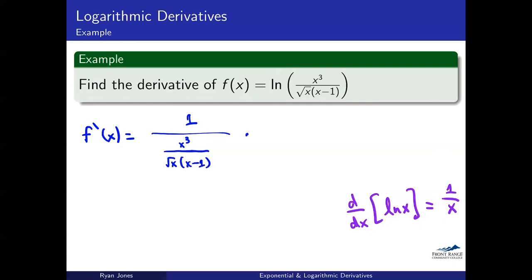But then I'm going to have to multiply by whatever the derivative of x cubed over square root of x times x minus 1 is. And that looks horrible. That looks really ugly. I don't want to do a quotient rule and then even within that quotient rule do a product rule. That just sounds really bad.